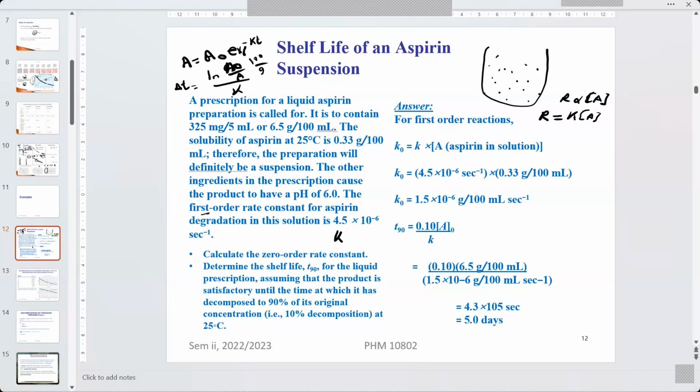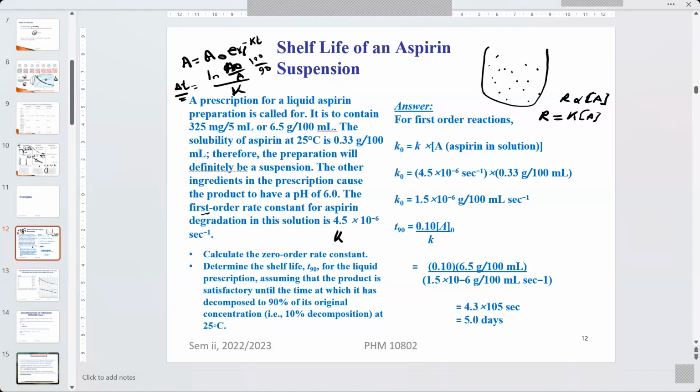The second, if we want T90, should be 90%. So 100 divided by 90%, and you divide by K. Then you get the time that it will take to degrade from 100% to 90%.